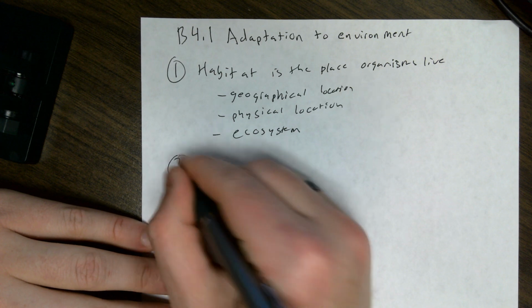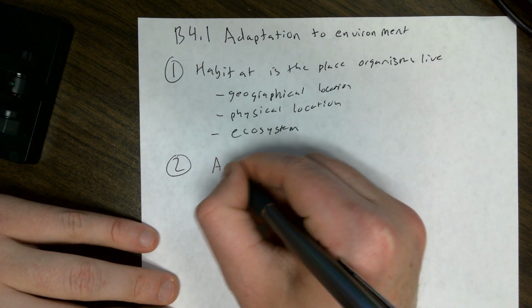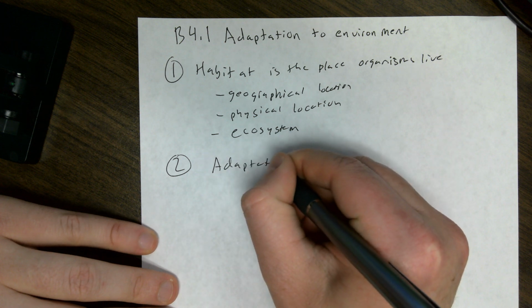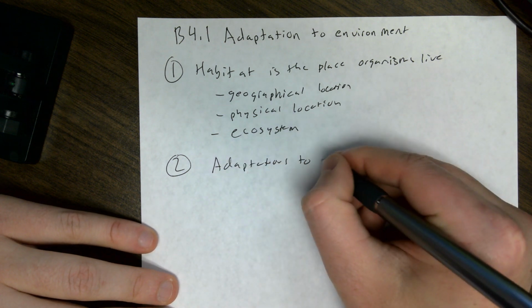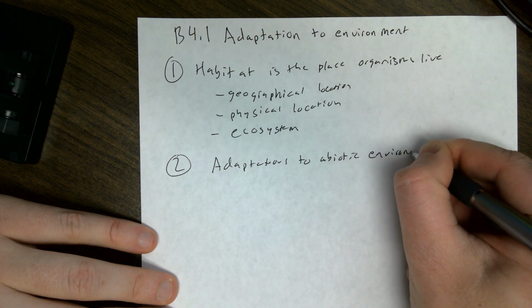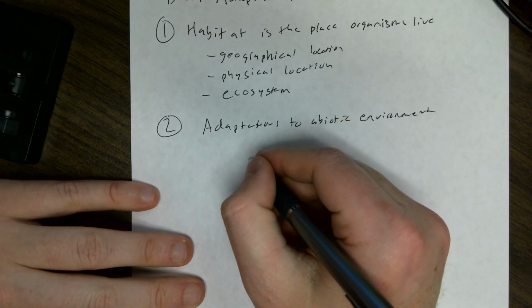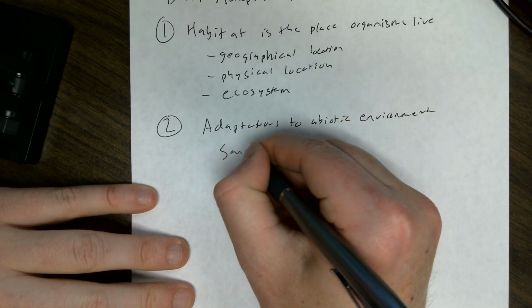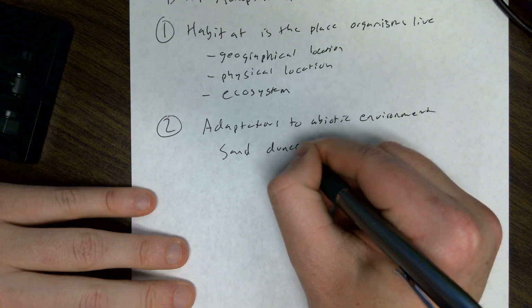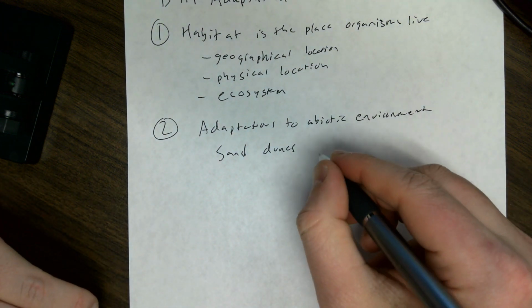And so different organisms have different adaptations to their habitats. The main ones you're supposed to know for IB are sand dunes. Sand dunes are a salty, sandy habitat. There's not a lot of good soil.